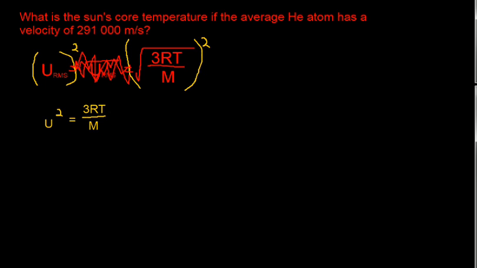Now let's rearrange that a little bit. For temperature, we get temperature equals u squared times M, all over 3R.